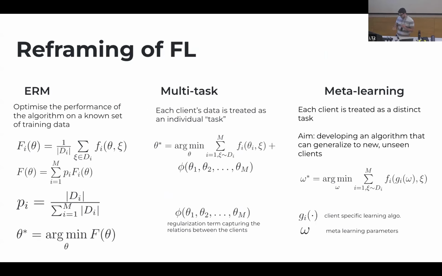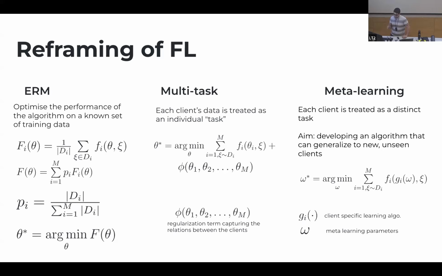And now, once we have this basic understanding of what federated learning is, we can look at different ways we can formalize federated learning problems. I've given the three ways that you can do this. First, we're looking at ERM, or empirical risk minimization. The idea there is that each client has its own local loss function that I've here termed Fi.